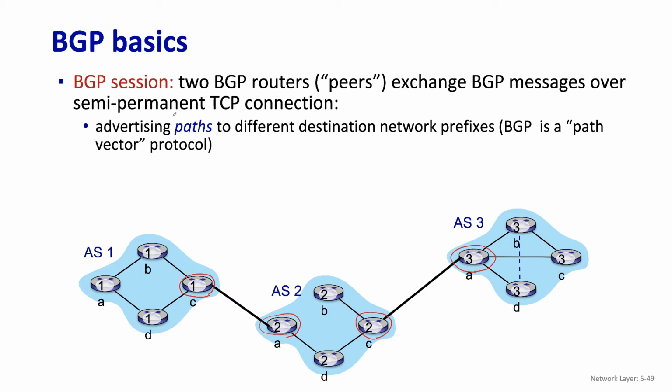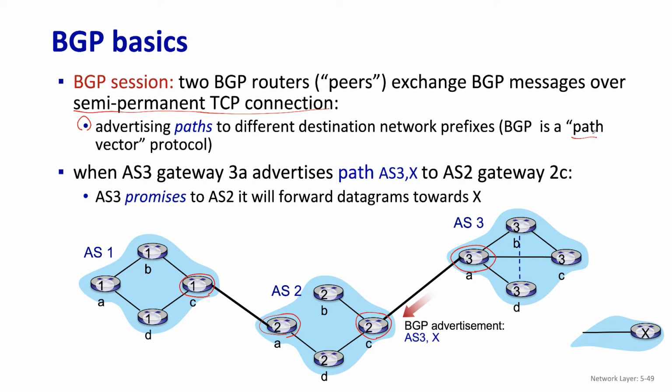Most of the time, a BGP session will create a semi-permanent TCP connection, and through these connections you will advertise the paths, which are the different destination networks and prefixes. So BGP is a path vector protocol, so it's all about paths, what you can reach, what you cannot reach.